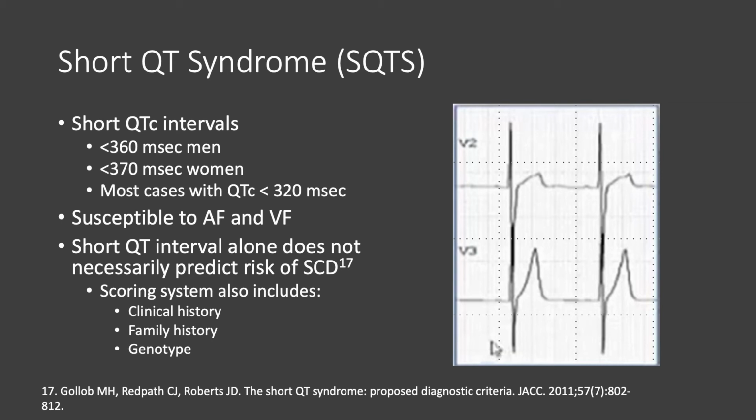These patients are particularly susceptible to atrial fibrillation and ventricular fibrillation. However, a short QT interval alone doesn't necessarily predict risk of sudden cardiac death, so a scoring system has been developed which also includes clinical history, family history, and genotype.